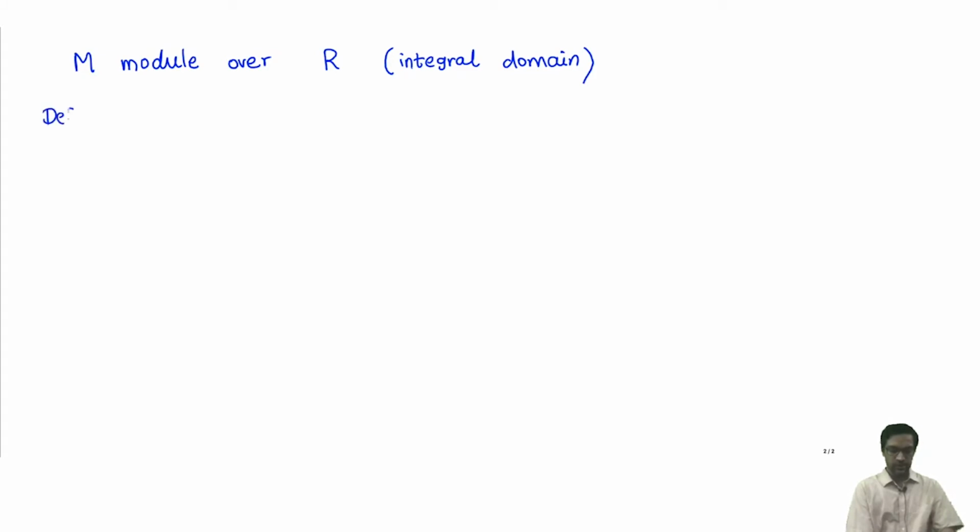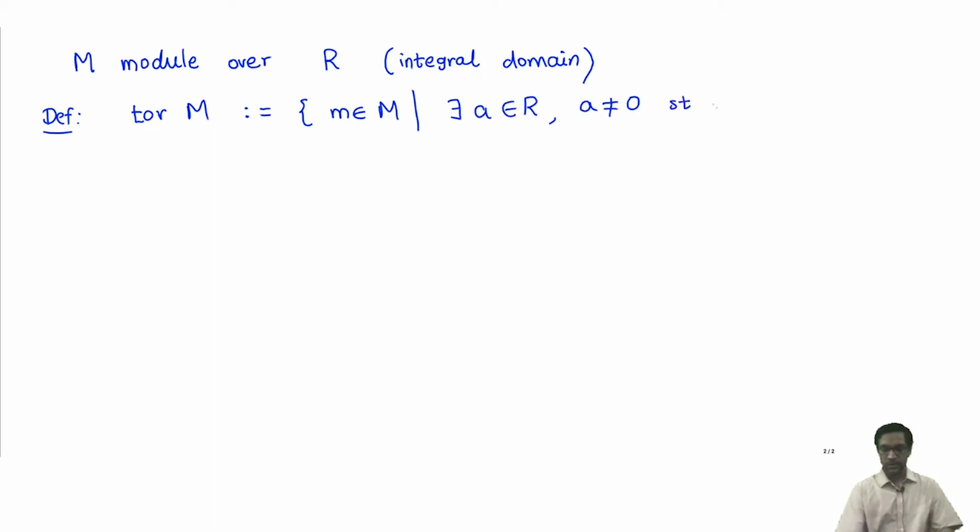So here's a definition. It's a subset of M, we'll call it tor of M. This is the set of all elements m in M such that there exists an element a in R, a not equal to 0, such that a acting on m gives me 0.